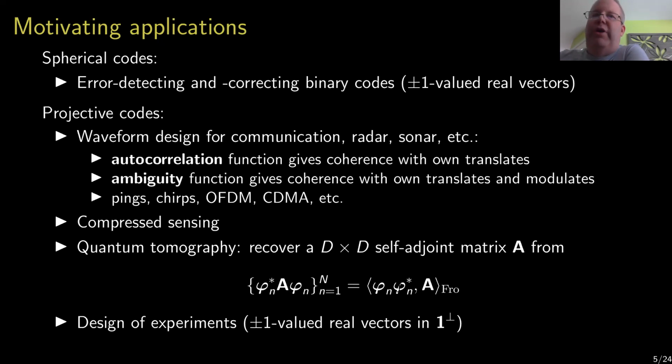Also in statistics, in design of experiments, looking through that literature, I know some people in that literature and talked to them, and it's like, yep, we're trying to design really nice short fat matrices where all the entries of those matrices are plus or minus ones and all the columns are orthogonal to the all ones vector. So this minimizing coherence thing comes up in a lot of places. And by analogy, when you study something like algebraic topology, or algebraic geometry more precisely, systems of polynomial equations show up everywhere.